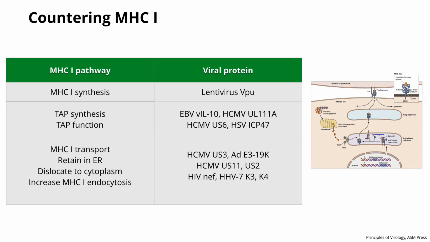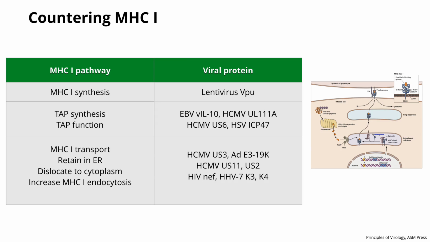They interfere with the transporter. They block the transporter so the peptide can't be put through into the ER. They interfere with the transport of MHC to the cell surface. Some of the viral proteins cause retention in the ER of the MHC1. Some viral proteins push MHC1 back into the cytoplasm.